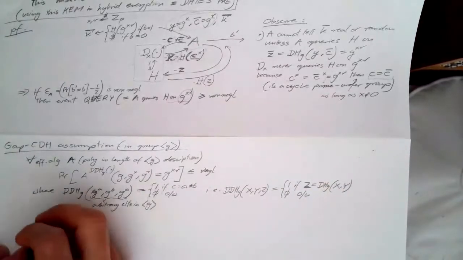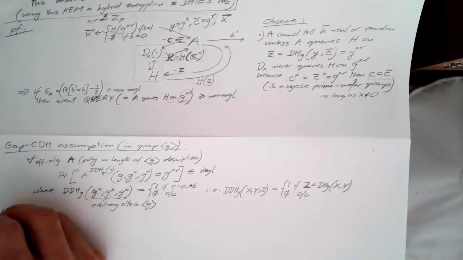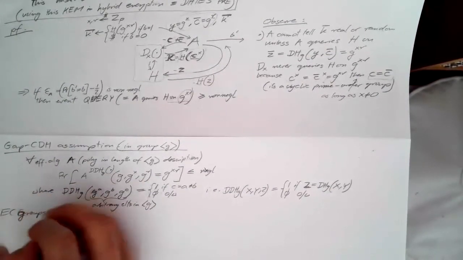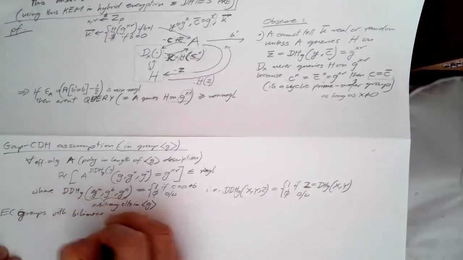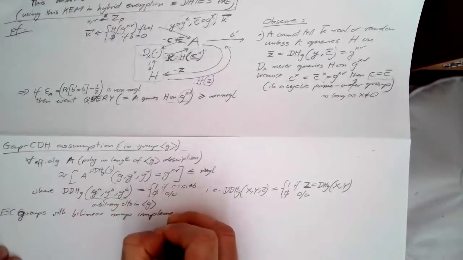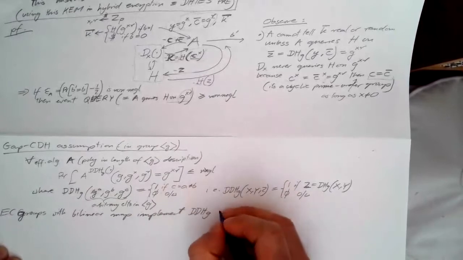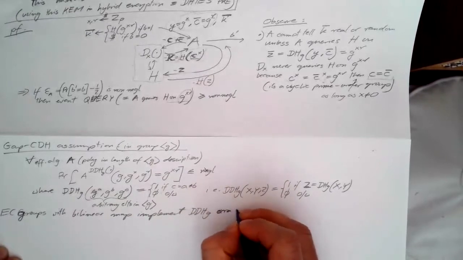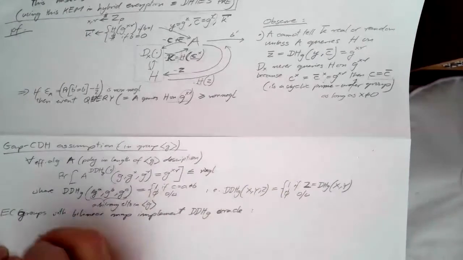Now, why is this so? Elliptic curve groups with a bilinear map implement the DDH oracle. Why?